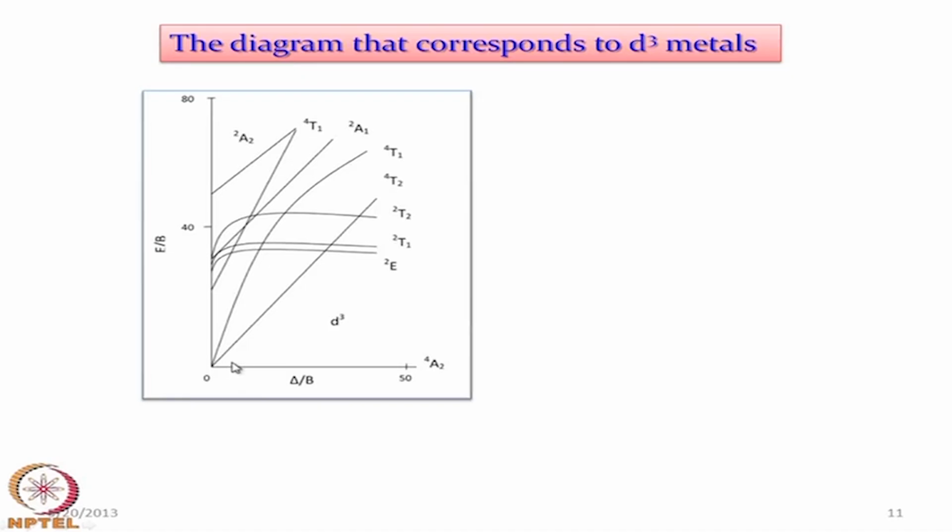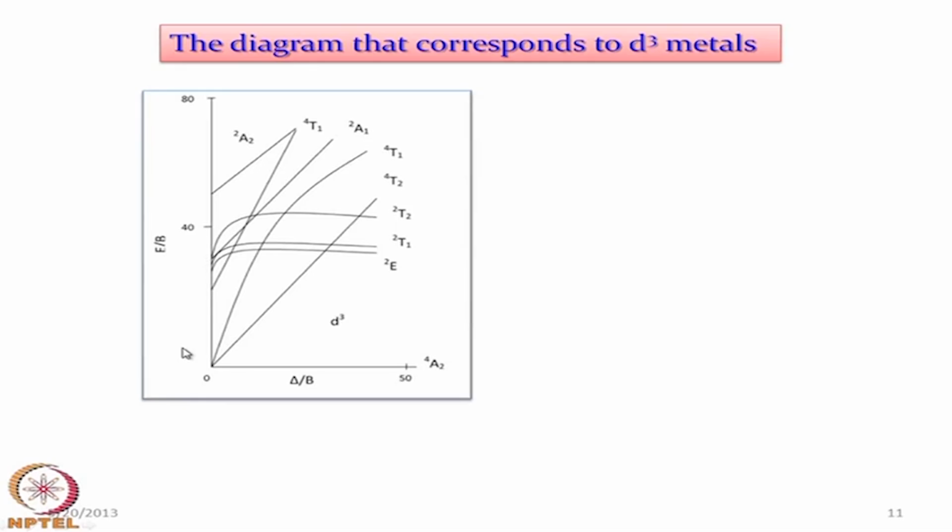The splitting for these levels is 4A2, then 4T2 and 4T1. So, from this ground level term we have 3 split levels, and from the other excited levels we have the corresponding terms which originate from the free ion term.